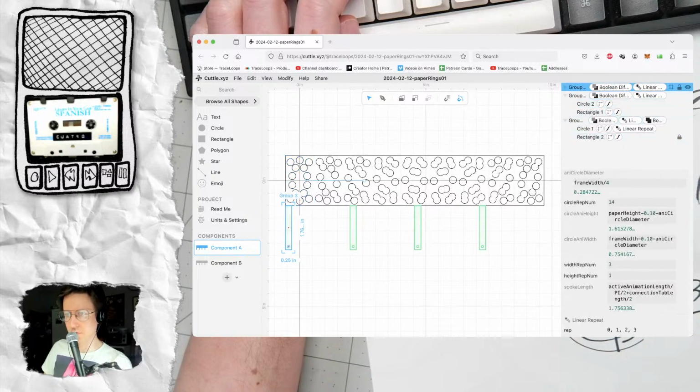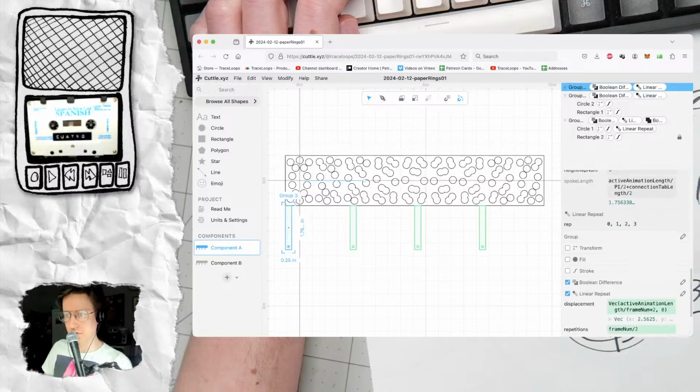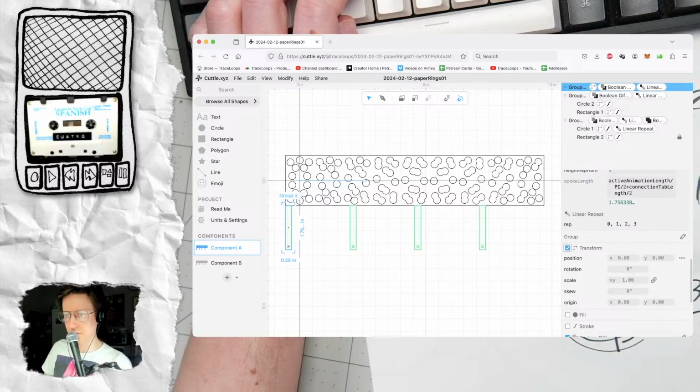Nope, I just want to move this. If this falls correctly. And it looks like it does.